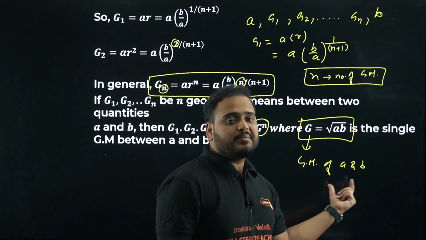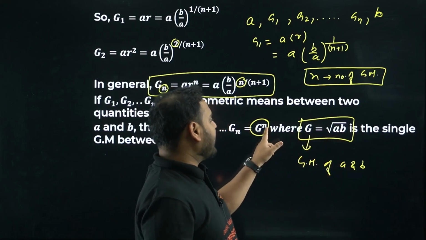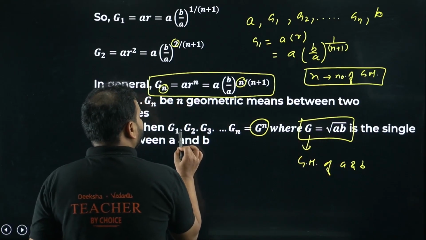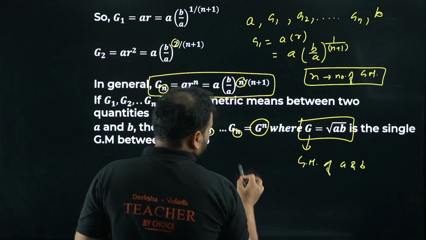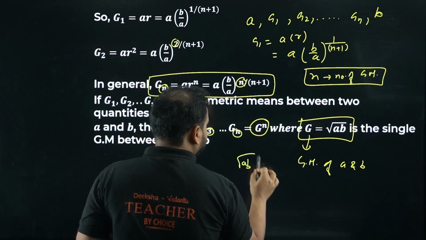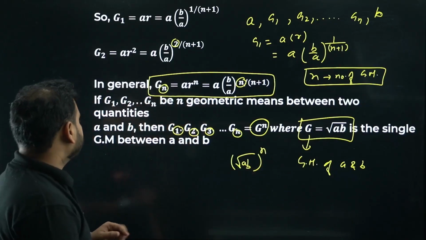One geometric mean between a and b is given by root of ab. We just learnt it. So that to the power n, root ab power n.